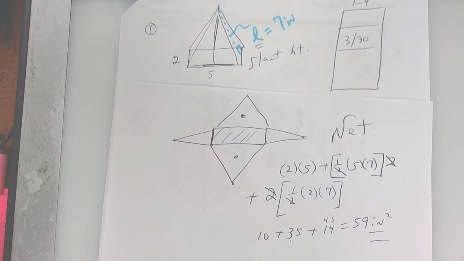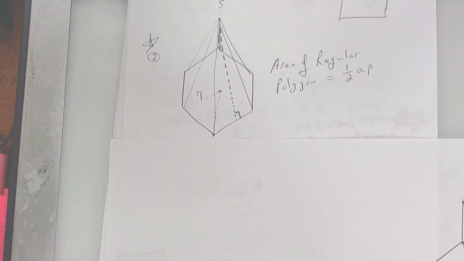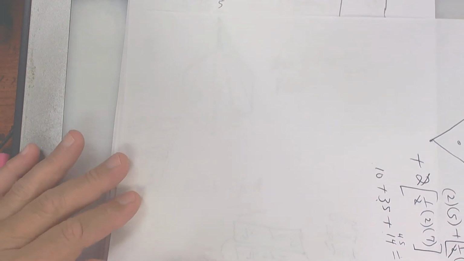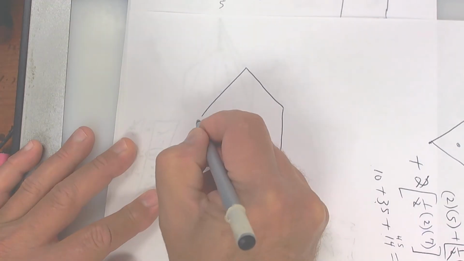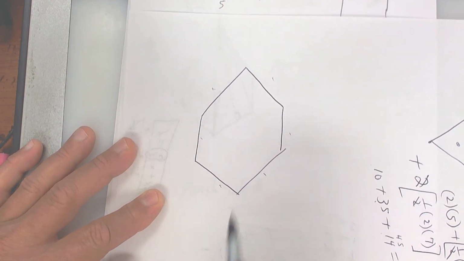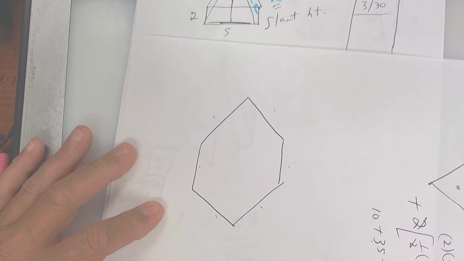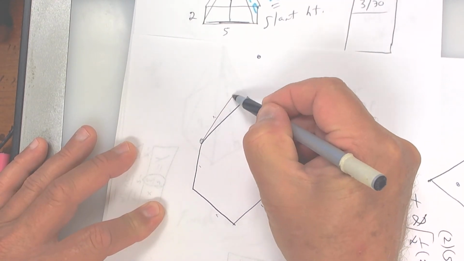There's one more, which is a little bit harder, and copy this one down right here. So the way you do that, and I'm going to show you right now, draw a regular hexagon, in this case, 6 sides. Put a dot up here, and then connect the vertices.